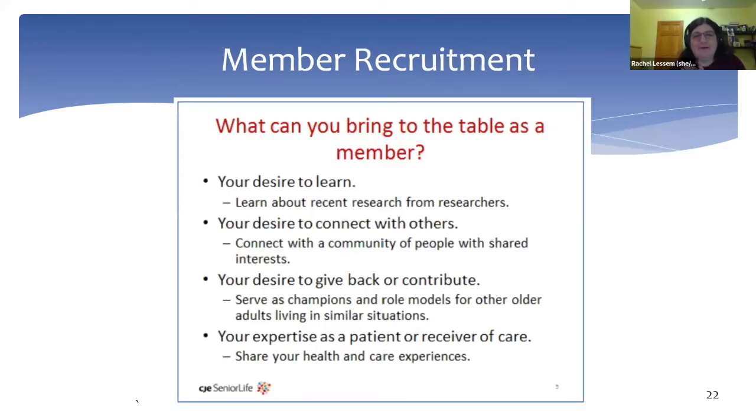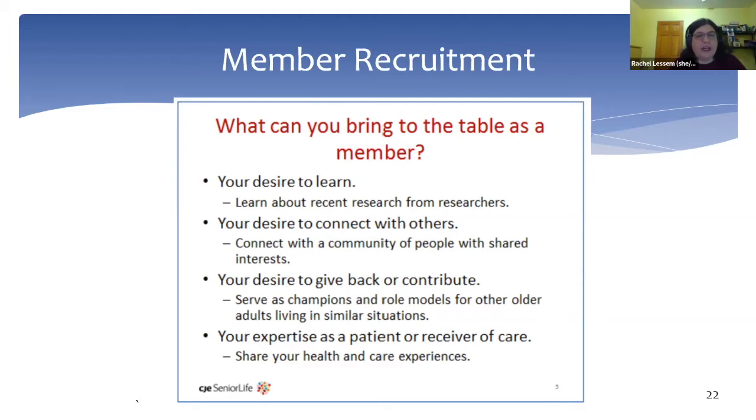That was very helpful. The most critical initial responsibility of the facilitator from the outset is member recruitment. This is a slide from our resources that introduces potential members to why become members.